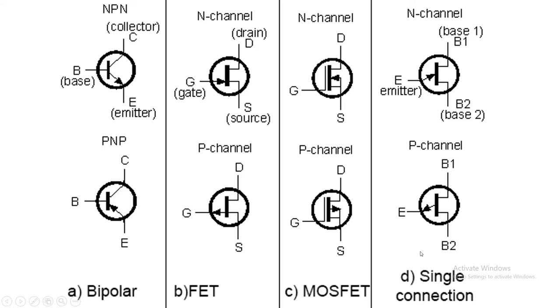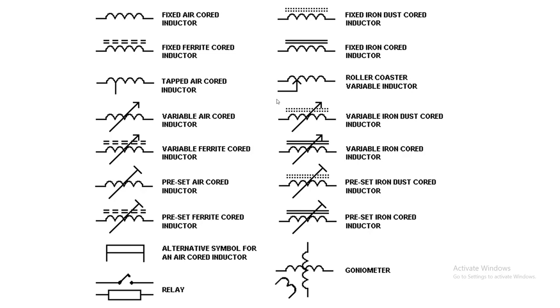The bottom symbols are PNP transistors, while the upper symbols are NPN transistors. When you see a symbol like this in the schematic diagram, you understand that this is a transistor. This is the symbol of the inductor. When you see a symbol like this in the schematic diagram, you understand that this is an inductor.